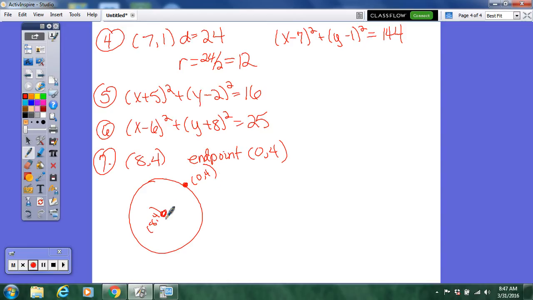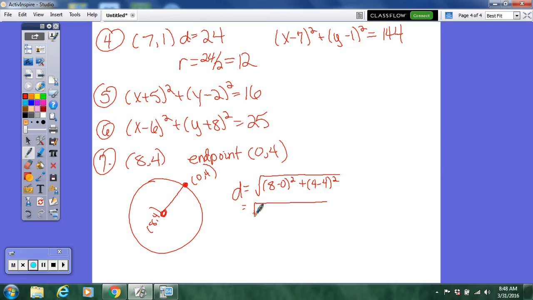All right, so we know there are 2 things we gotta have, center and radius. They gave us the center, right? But we need to know the distance of the radius. So we've got to find the distance using the distance formula. The distance equals the square root of: subtract your x's, 8 minus 0 squared, plus subtract your y's, 4 minus 4 squared.